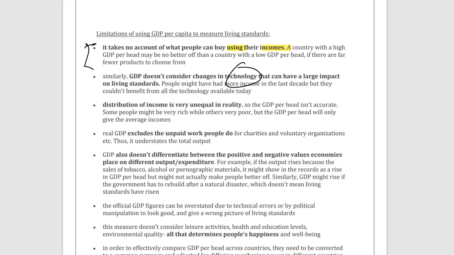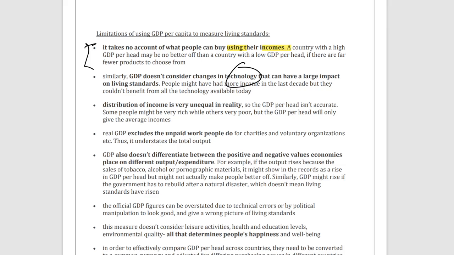Believe it or not, I believe these machines are replacing humans, and that's a really big threat to humanity, because employment rates will fall as we won't be needing the people, and only the skilled will survive. So it's quite risky, but that's not for us to decide what the future brings. For now, we just need to know that GDP does not take technology into consideration.